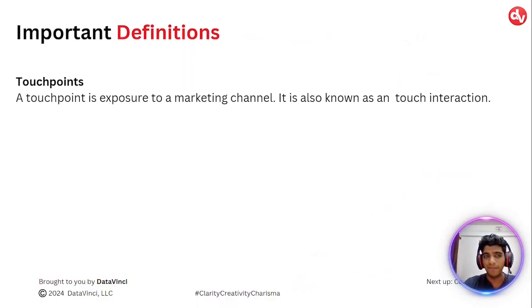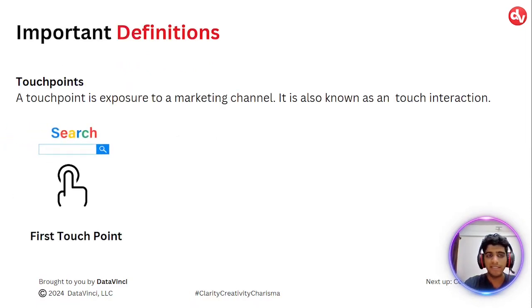Important definitions. First, touch point. What exactly is a touch point? A touch point is exposure to any of the marketing channels, and it's also sometimes called an interaction or a touch interaction, and so on. So, for example, if a person comes through Google search, that would be his or her first touch point.